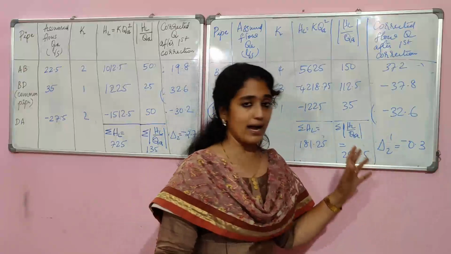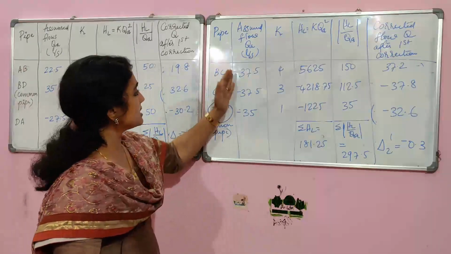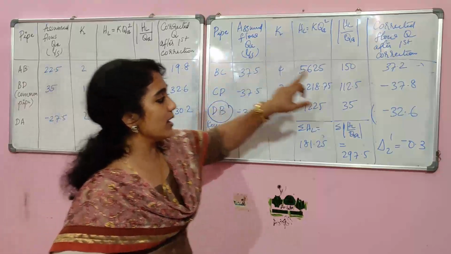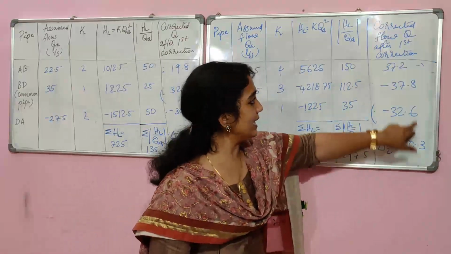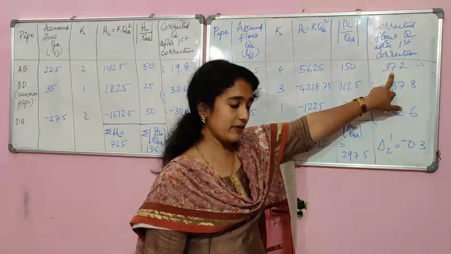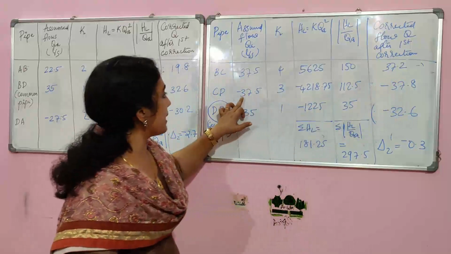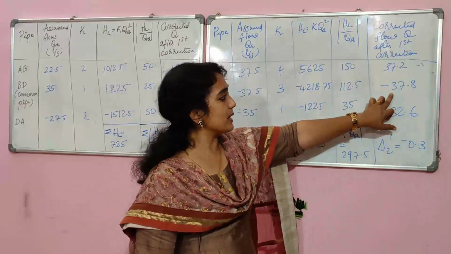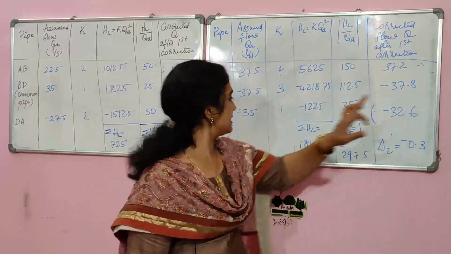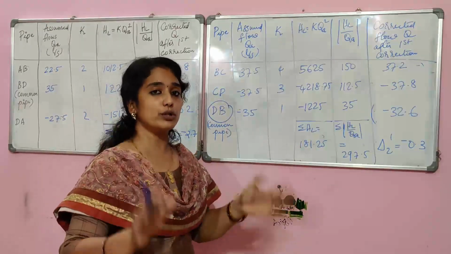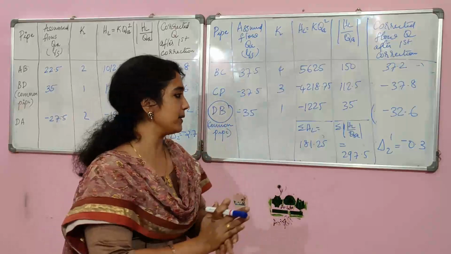Then you have to add this correction to the assumed flow, that is 37.5 minus 0.3 for the pipe BC, that is 37.2. Then minus 37.5 minus 0.3, that is minus 37.8. Then DB is the common pipe. You have to apply both corrections to that pipe.